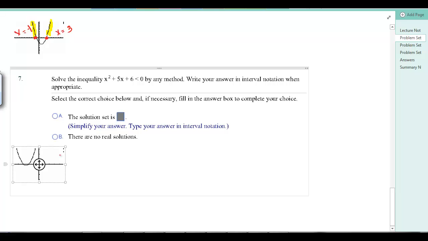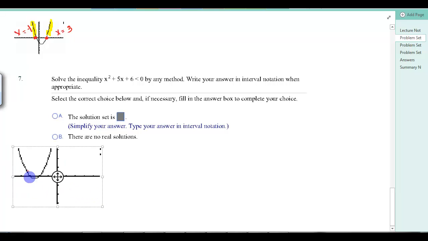And because you can see that then there is a break there, and we've got open circles, so we have an open circle there and an open circle there, and you would find that that's negative 3 and that's negative 2, and we're talking about less than, so we are talking this piece that's below and in between those numbers, so it would be from negative 3 to negative 2 with parentheses because of the open circles.